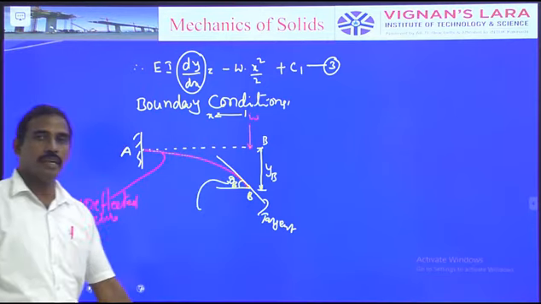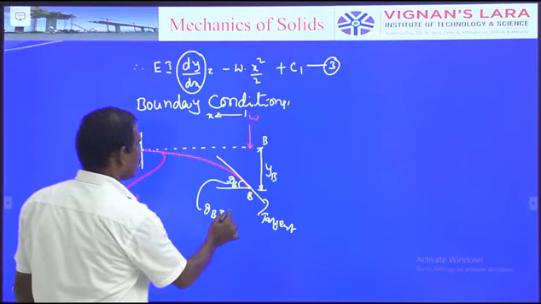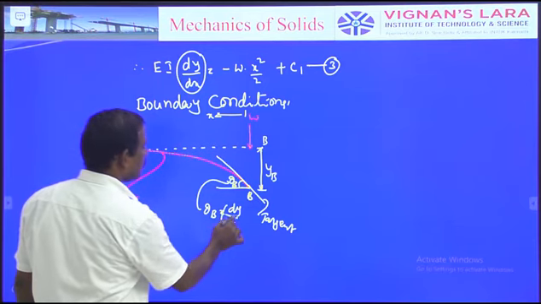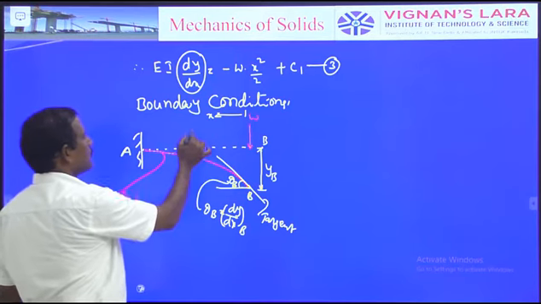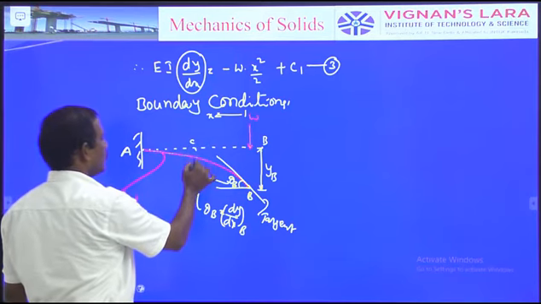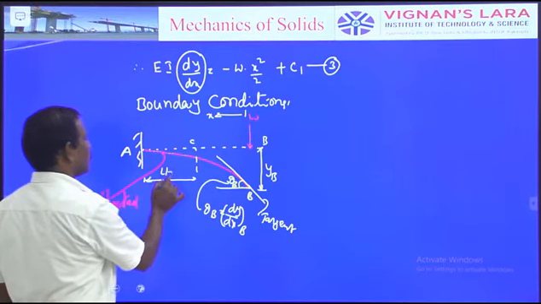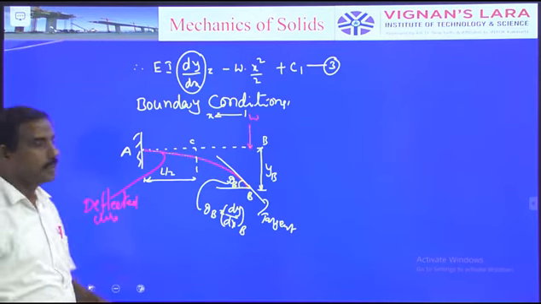That may be represented as theta B. Here theta B is equal to dy by dx at B. It means that is the slope. Again, suppose this is a point C at a distance, for example, L by 2 from the left hand. What about the slope at a particular point?